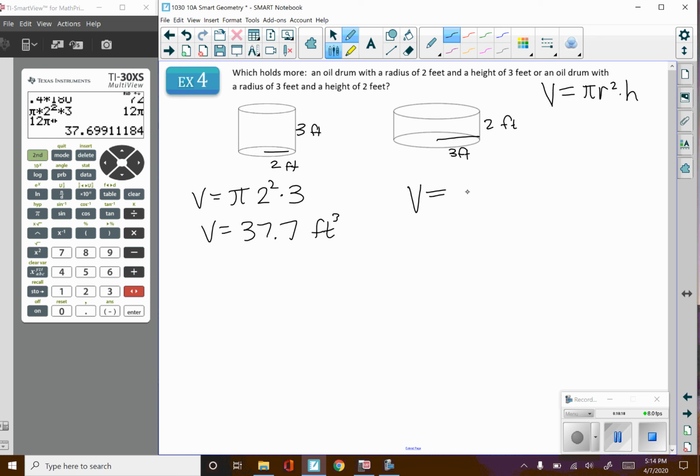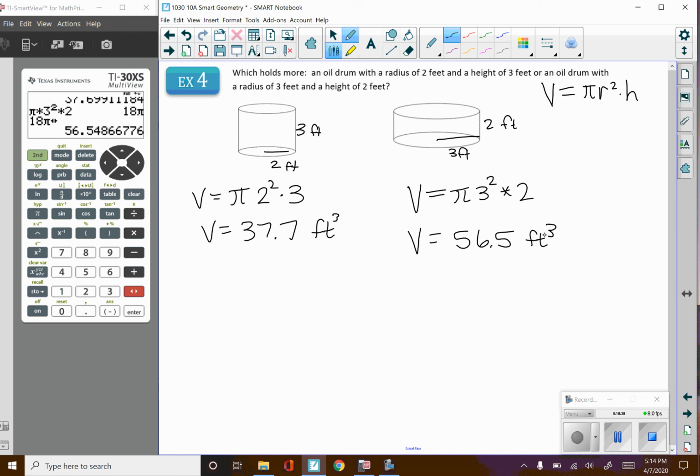For our other cylinder, it would be pi times 3 squared times 2, because the radius is 3 this time, and the height is 2. So this is a volume of 56.5.